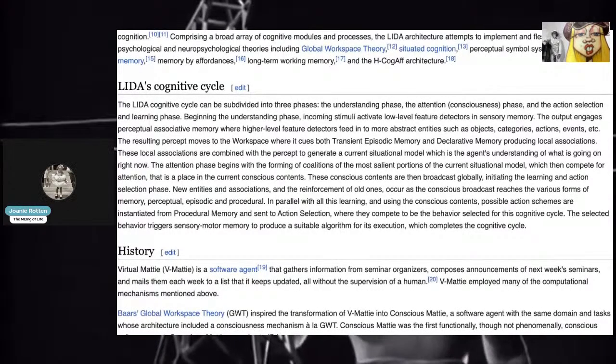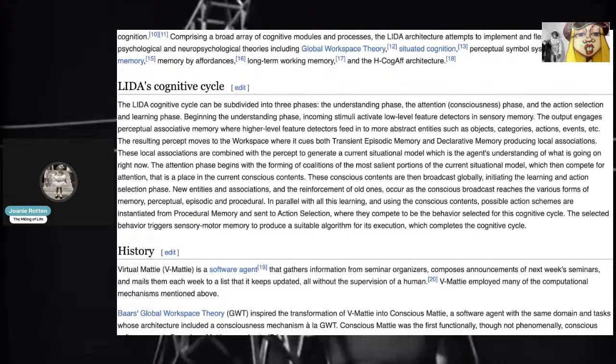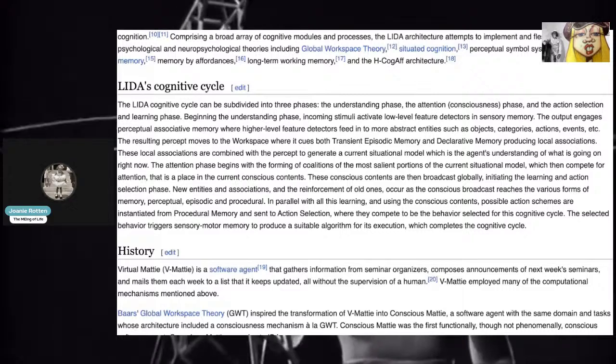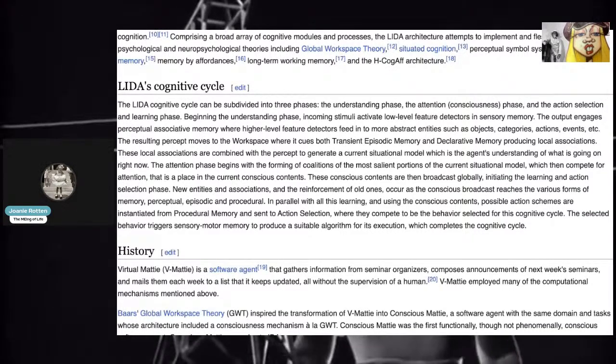The output engages perceptual associative memory, where higher level feature detectors feed into more abstract entities, such as objects, categories, actions, events, etc. The resulting percept moves to the workspace, where it cues both transient episodic memory and declarative memory, producing local associations. These local associations are combined with the percept to generate a current situational model, which is the agent's understanding of what is going on right now.